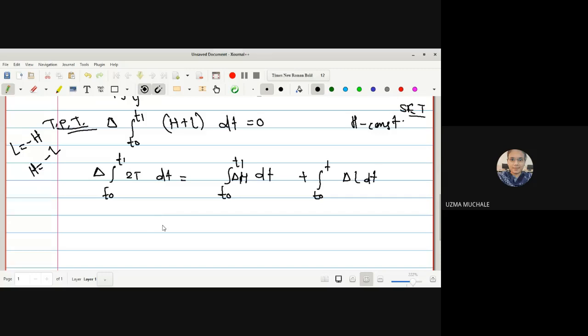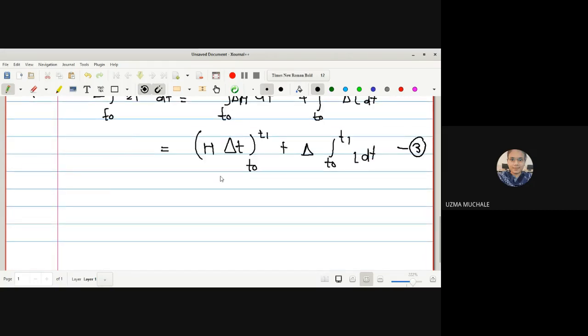If h is constant, we can write this as h, this delta we can operate on t. Since h is constant, it may be outside. So this will be simply delta t. Integration of dt is t within the limit t naught to t1. Since h is constant, we can write this. Now the next term we have to write as it is, delta variation t naught to t1 L dt. Okay, so this is what we call equation number 3.